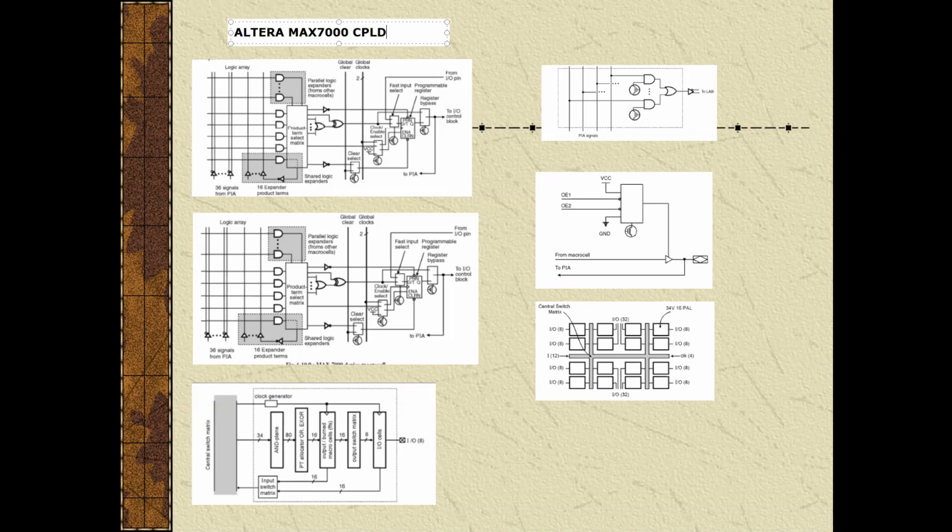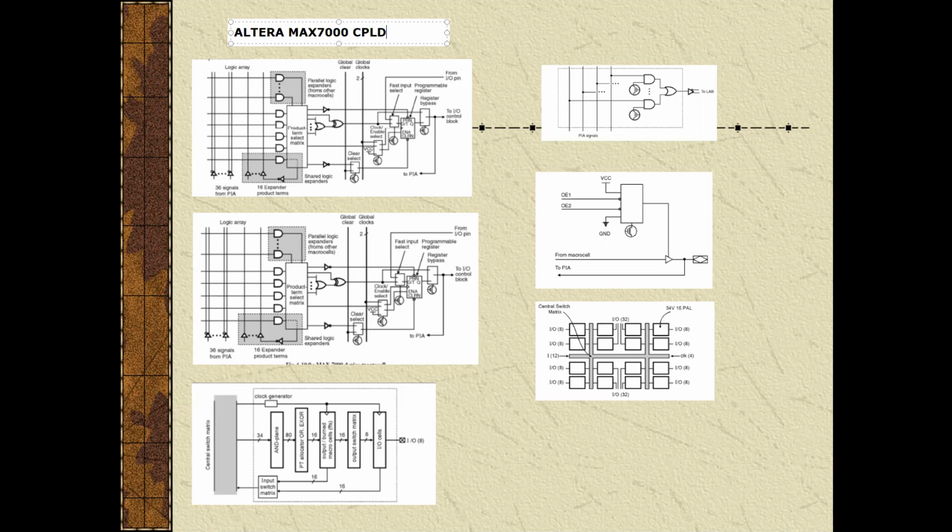To realize the logic functions in the Max 7000 device, double EEPROM cells are used, electrically erasable programmable read-only memory. Because of the involvement of this, the Max 7000 devices are programmed.